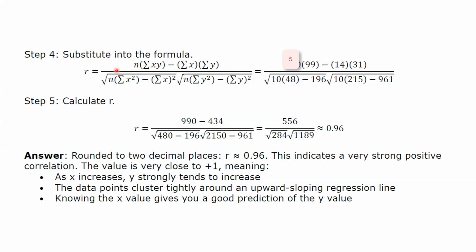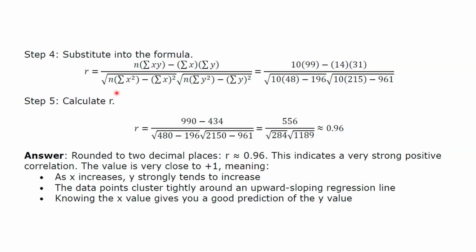So that's 5 times 99 minus 14 times 31. This gives us 495 minus 434, which gives us 61 in the numerator.